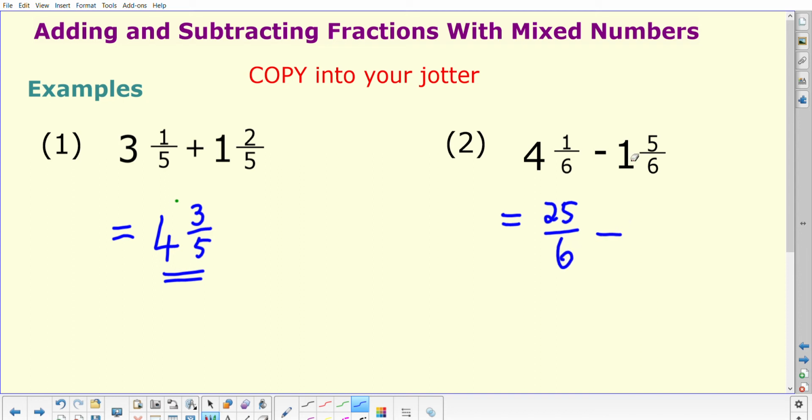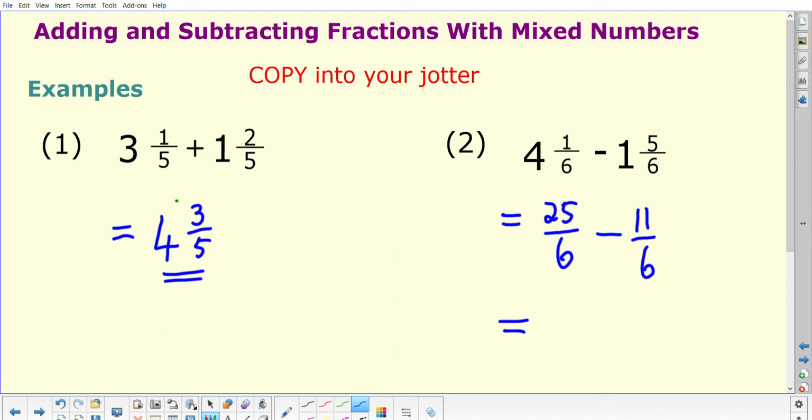And with the other one, you get 1 times 6 is 6, add on 5 makes 11. So what you've done is you've replaced 4 and 1/6 by 25 over 6, and you've replaced 1 and 5/6 by 11 over 6.